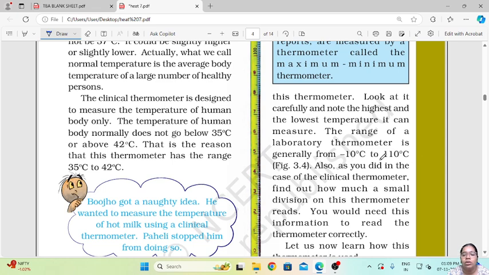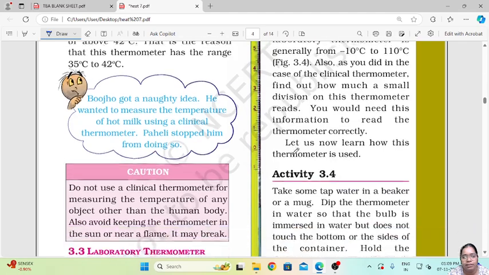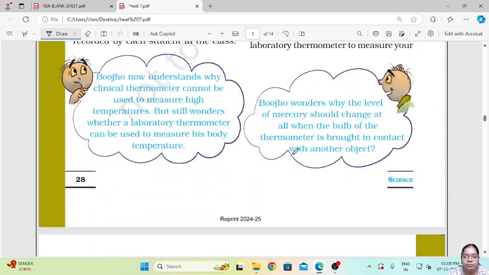That is why it is used to measure the coldness and hotness of substances inside the laboratories, because it has a wider range, from minus 10 degrees Celsius to 110 degrees Celsius.